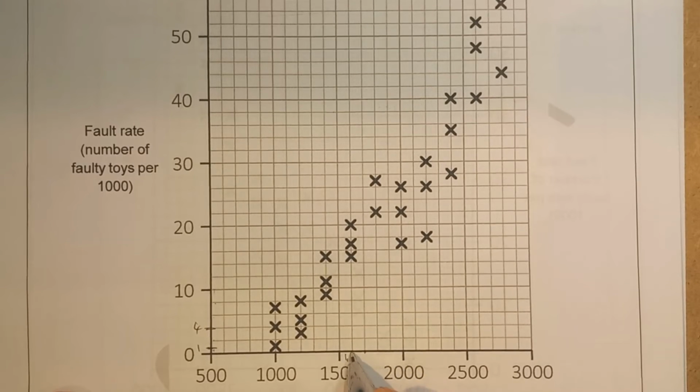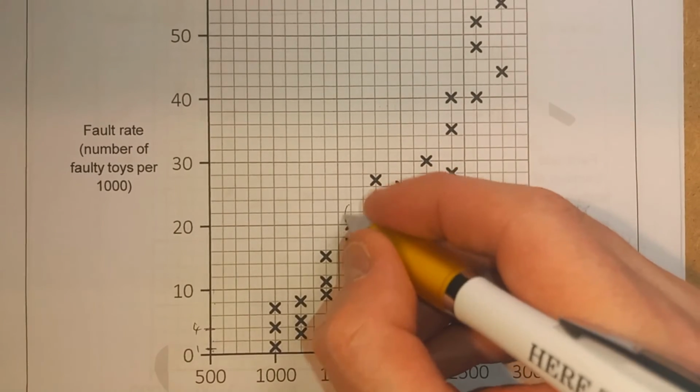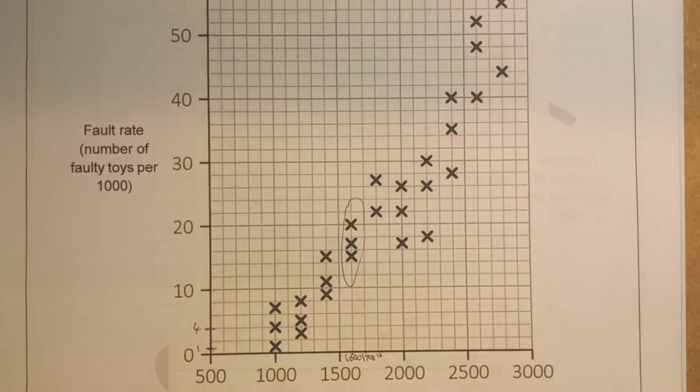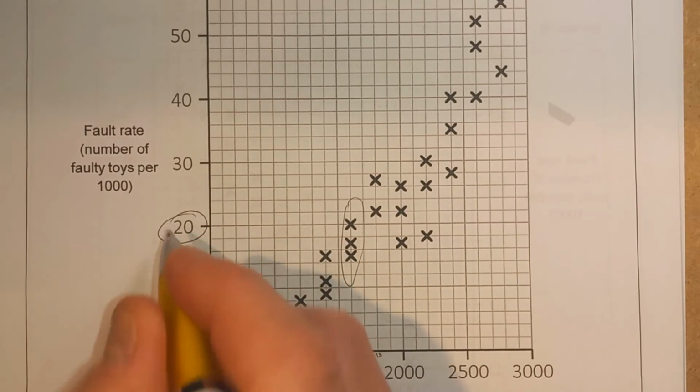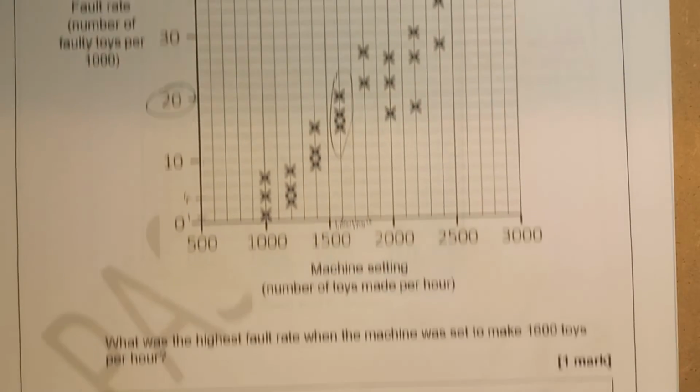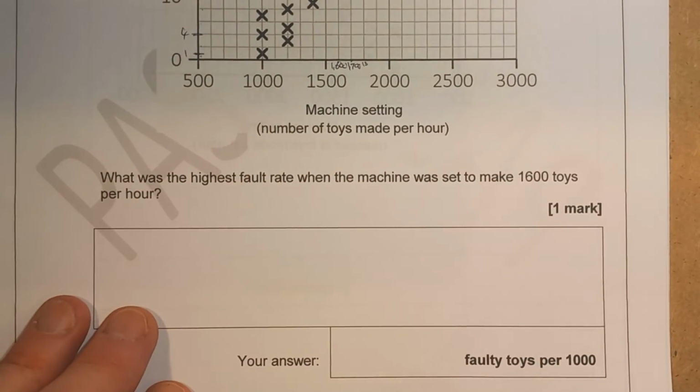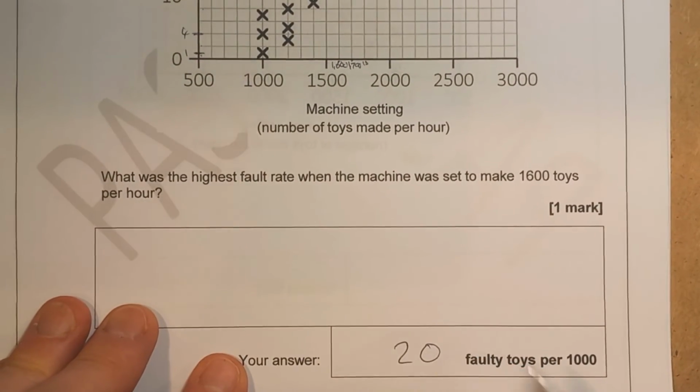Because this would be 1,600, 1,700, 1,800, and so on. So we're interested in these. And the highest fault rate would be this one at the top, which is 20. So our answer is just going to be 20.